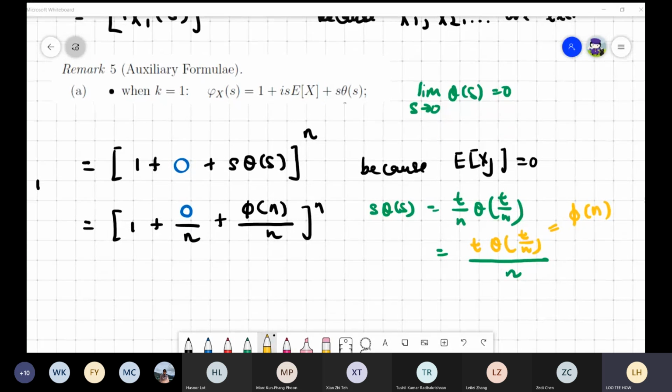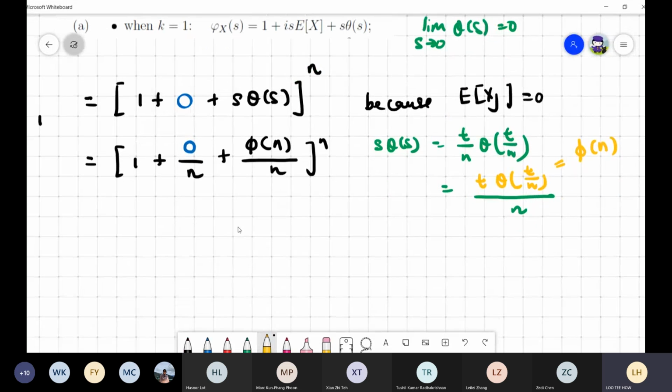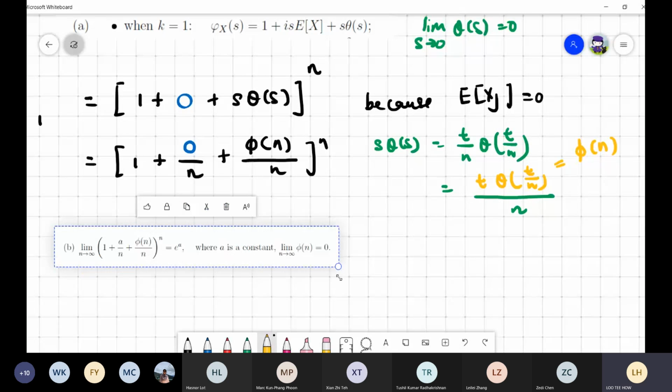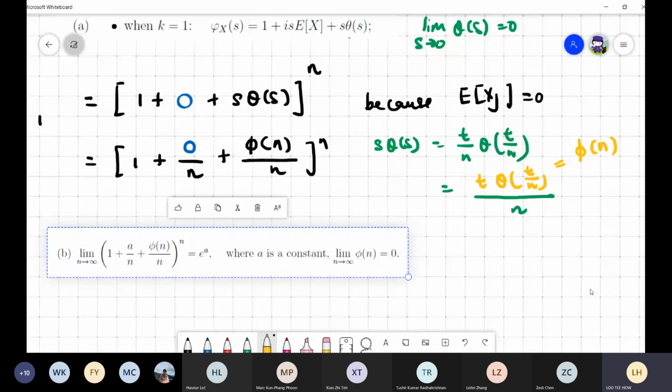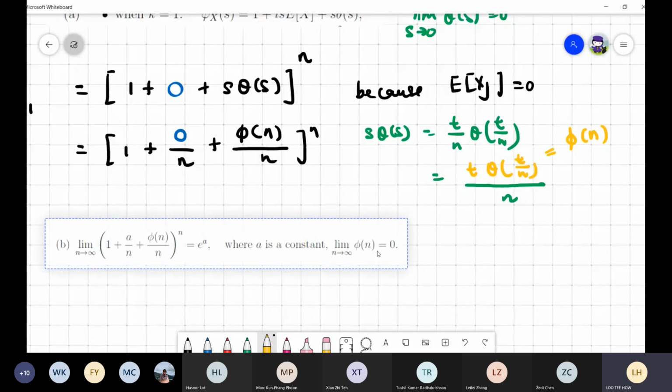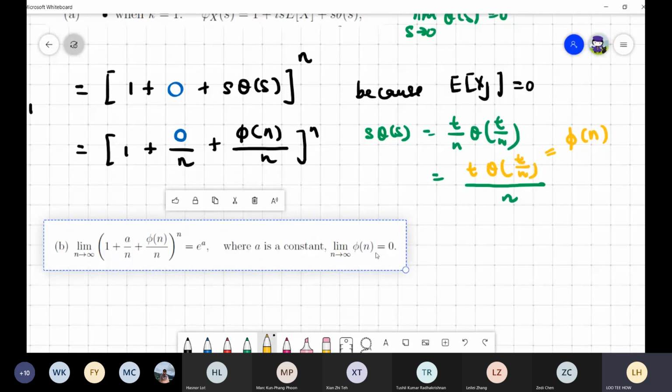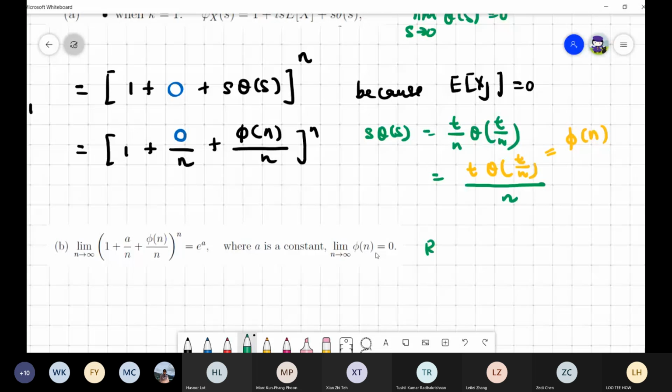Why do we want to put it in this pattern? Again, we need to recall another formula here. Okay, for your information, this is actually Remark 6.2.1 in Chapter 6.